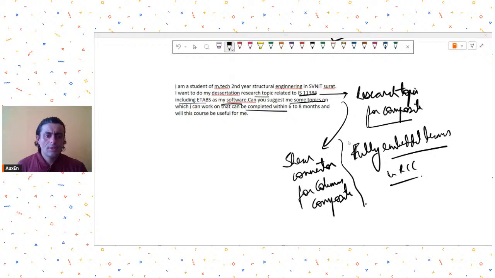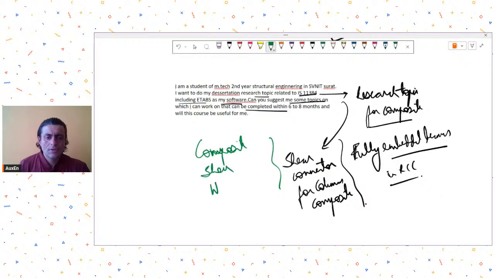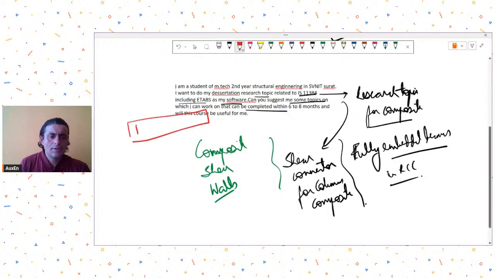Maybe this is one of the topics you can work on, some basics of formulation for this, because the Indian code is not giving you much information about composite column shear connectors. You can also think about working on composite shear walls. In composite shear walls, inside an RCC shear wall, we embed a steel plate web and flange.